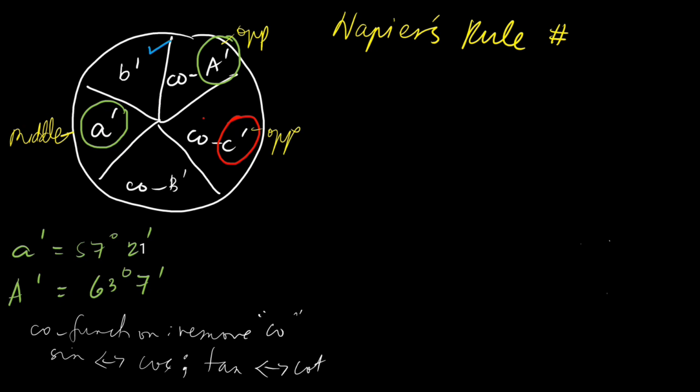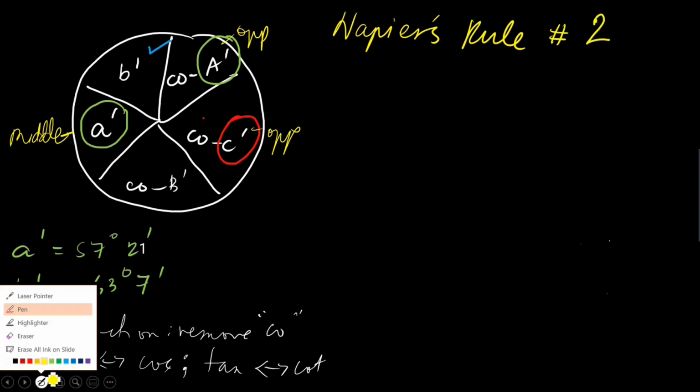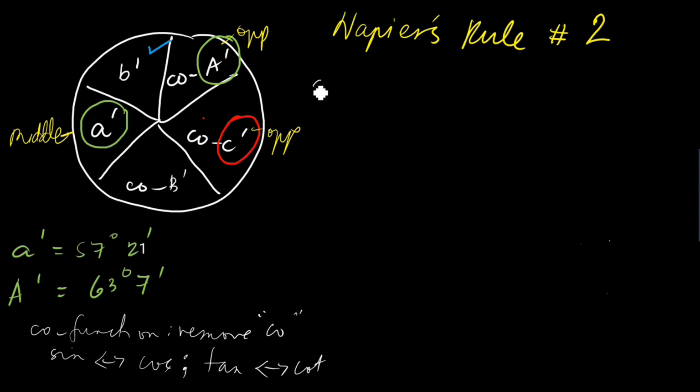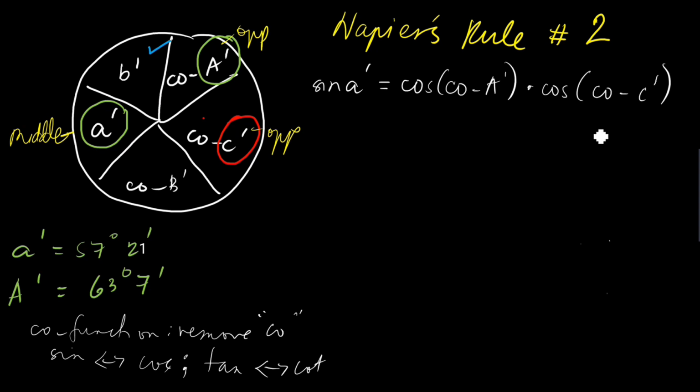Okay. Next, if we do have opposite parts, what we need is Napier's rule number 2, in which the sine of the middle, so the middle is small a prime, equals, since we have opposites, the cosine of the complement of the big A prime times the cosine of the complement of the small c prime.